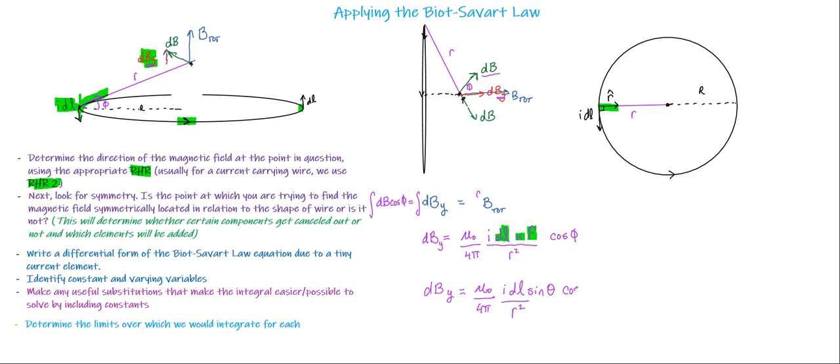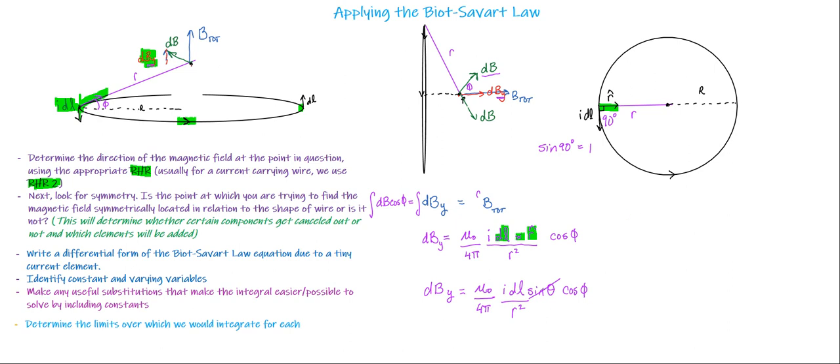Now I need to add this cosine phi onto the end here because that's the part that makes this work. Now we know this is 90 degrees between the two vectors, and it's a cross product, so we're going to be using the sine, and the sine of 90 degrees is 1. So essentially what we can do is actually just leave this out altogether.